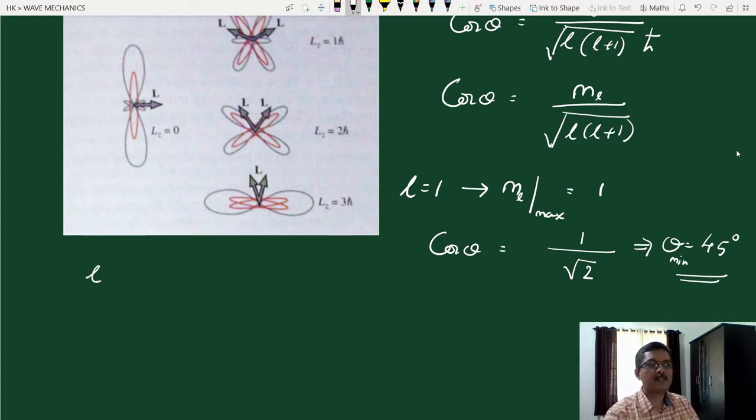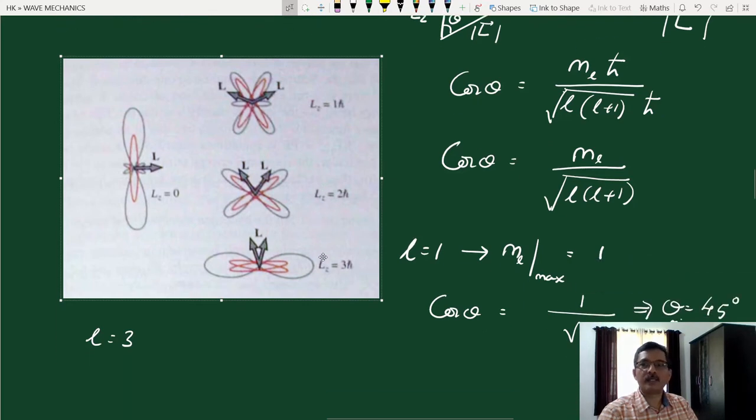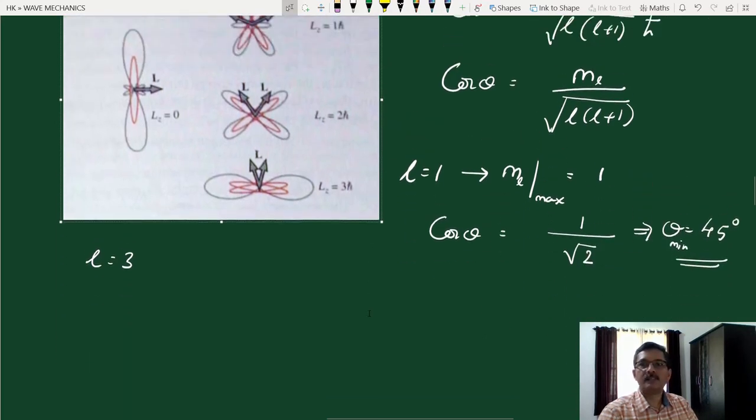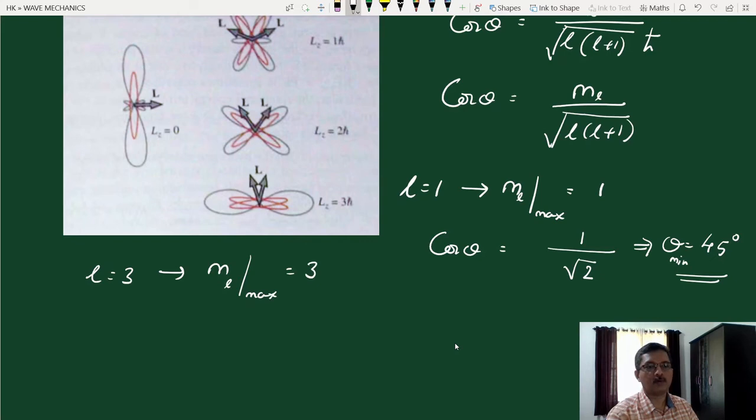What happens when L is equal to 3? The next is L is equal to 3. In fact, this figure illustrates the L is equal to 3 case. So when L is equal to 3, what is the maximum? We want to find out the minimum value of theta, for which ml should be maximum. So what is the maximum value of ml? ml maximum is again 3. So what is cos theta? Cos theta is equal to 3 divided by, when L is equal to 3, what is the denominator?